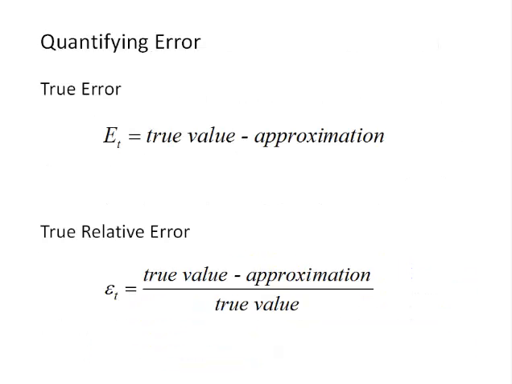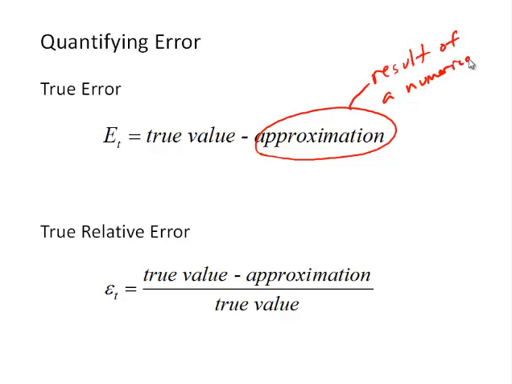First of all, for quantifying error, we can define the true error, E sub t, as the true value minus the approximation. So the approximation will be generally the result of a numerical calculation. Now, the true error is an important number because it tells us the number of significant digits in our result.